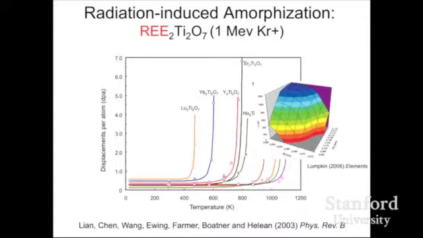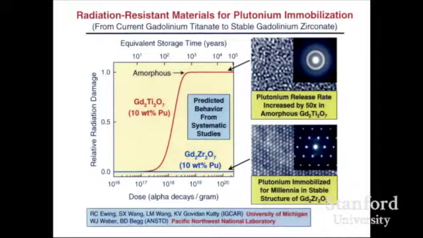Many experiments have been done, and so we have surfaces that represent the critical temperatures, that is where the curves bend upwards, as a function of, in this case, the ionic radii of the elements in the structure. So if we put 10% of plutonium in the gadolinium titanate, in 1,000 years it will become amorphous and the release rate of plutonium increases by a factor of 50.